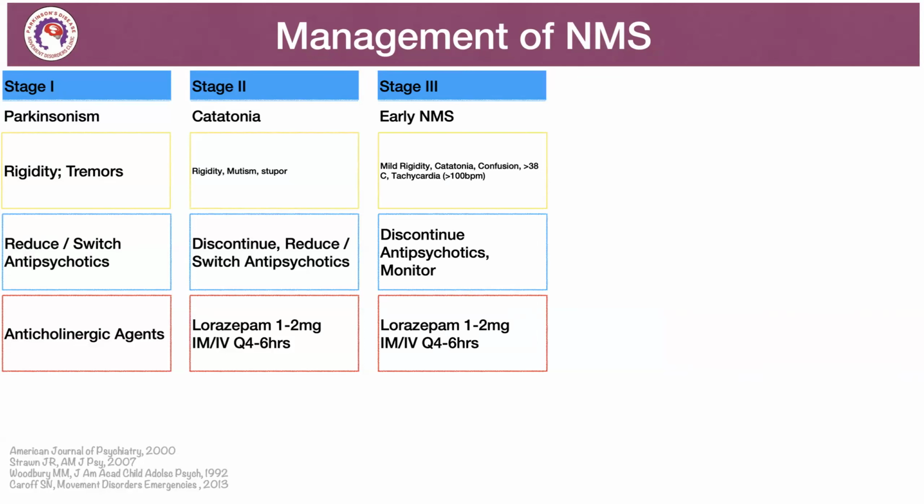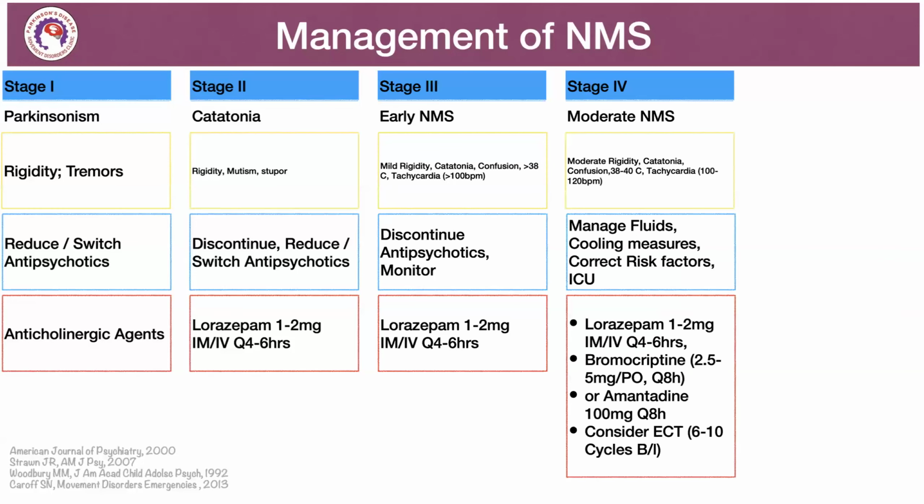If the patient passes on to the next phase, stage 3, called early NMS, along with the earlier features, patients start developing tachycardia and higher body temperature, and hyperthermic features start developing. It's very important to discontinue antipsychotics, closely monitor, and continue benzodiazepines.